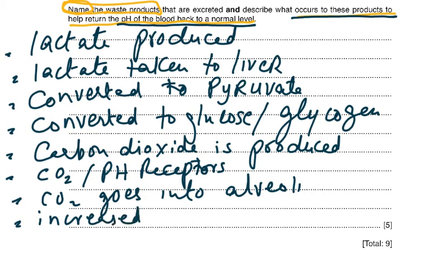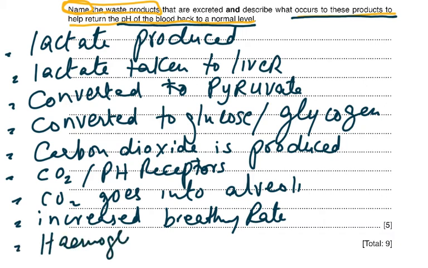That is when the person is going to breathe deeply and more frequently. And hemoglobin acts as a buffer, which helps in the pH not changing too much. Acts as a buffer for carbon dioxide.